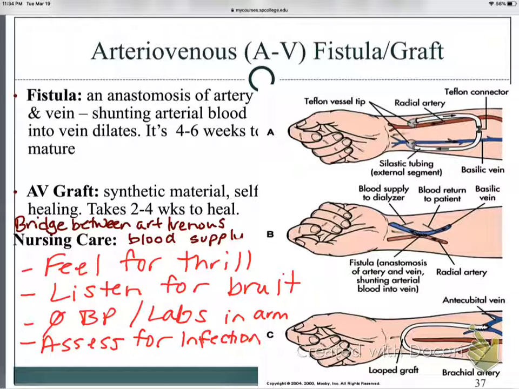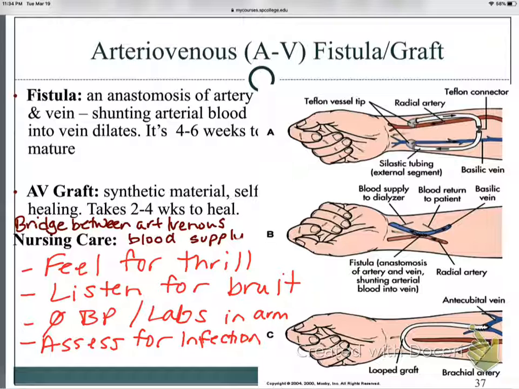Have you guys ever seen these veins? They look like they're almost bulging, like they're so big and fat. It's amazing what our body does. This allows it to get tougher. It needs to be tough because it has so much rapid exchange, and that's essential for rapid blood flow for hemodialysis.